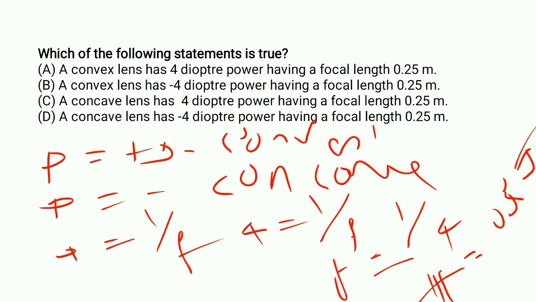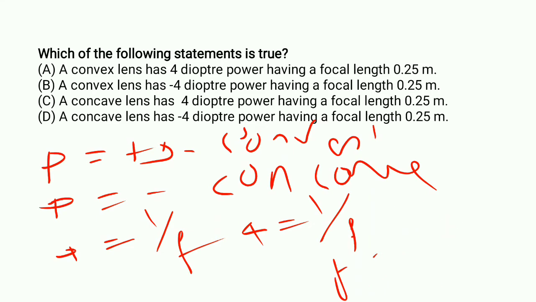So for the first option you are getting the power 4 diopter, and for focal length you are getting the answer 0.25 meter. Okay, now let's cross check for the second option.